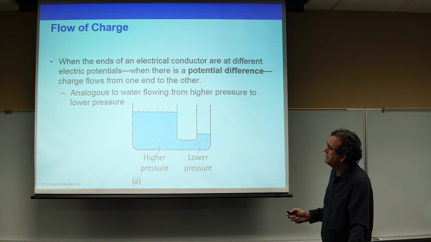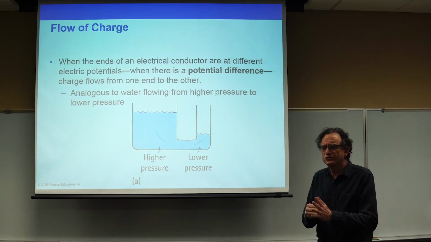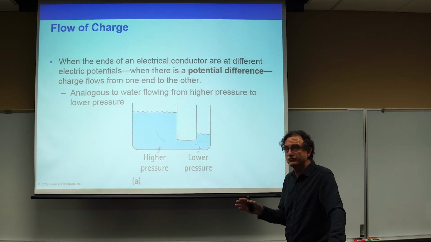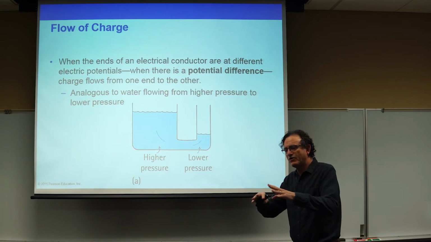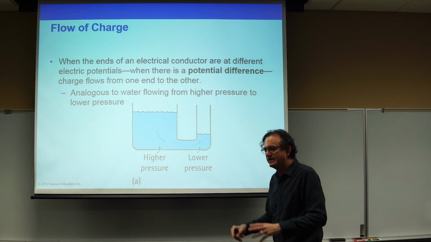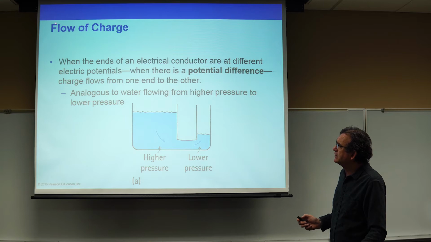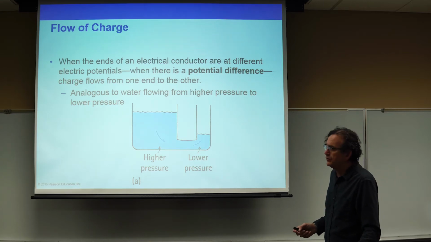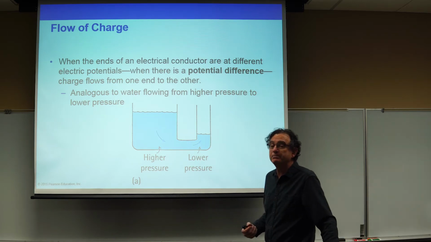I want to refresh your memory a little bit about electric potential. In the last lecture, we distinguished two concepts: electric potential energy and electric potential. In one case we leave off the word energy at the end, and in the other case we leave it on. The electric potential refers to what we normally call voltage, and it is the potential energy per unit charge.